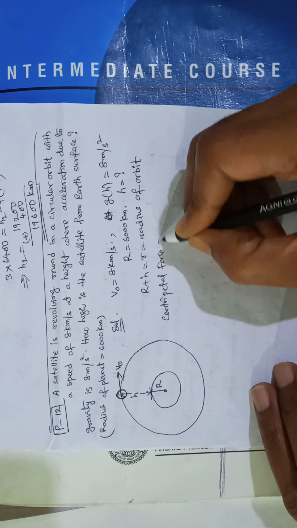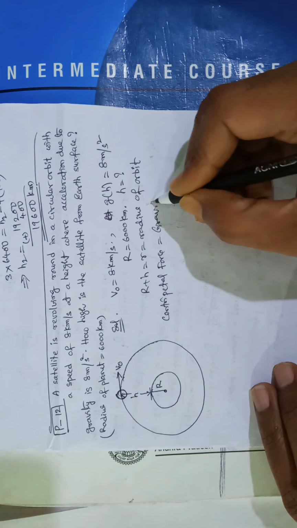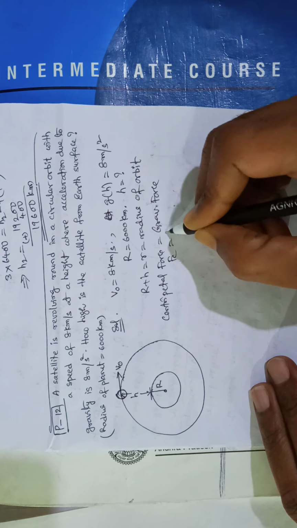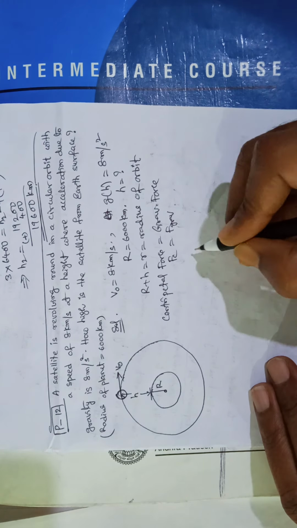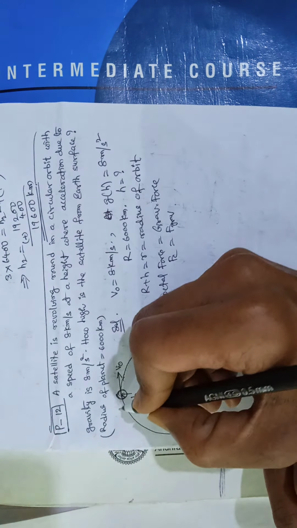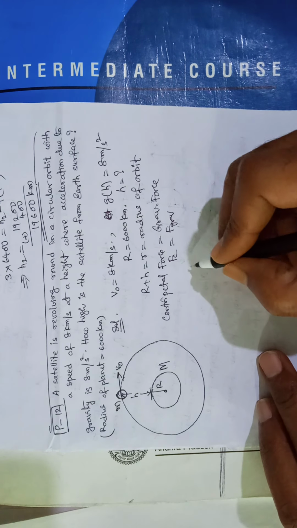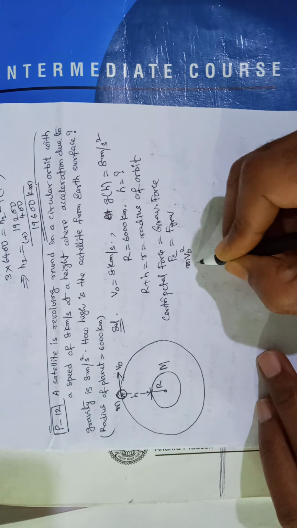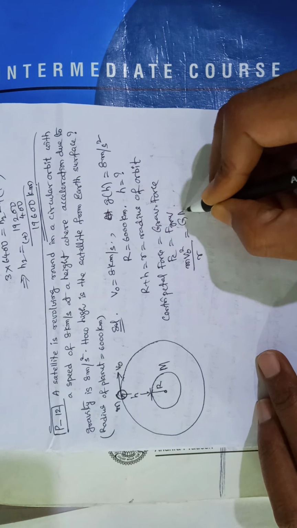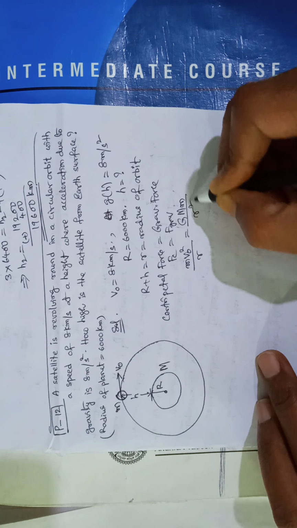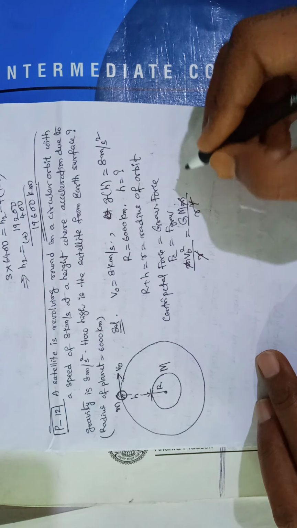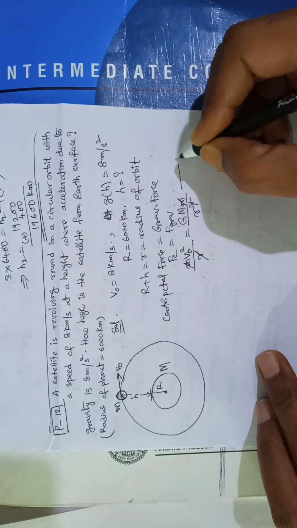That is, Fc is equal to gravitational force. Suppose the planet's mass is capital M and the satellite's mass is small m, then m v square by r is equal to G capital M small m by r square. Small m cancels, so this is equation 1.